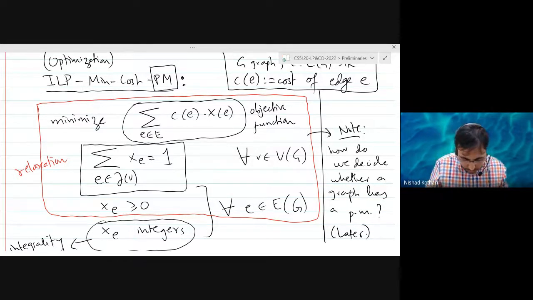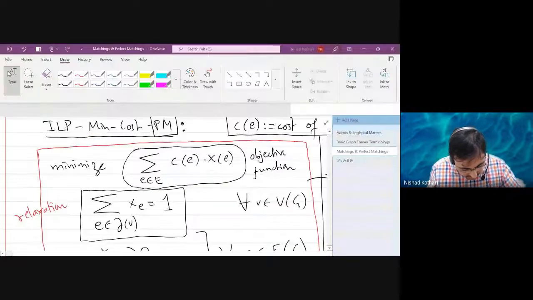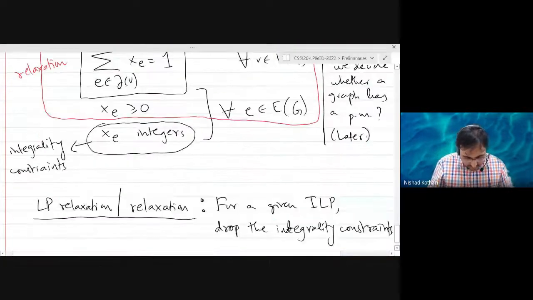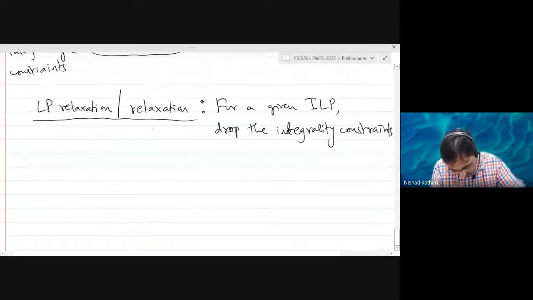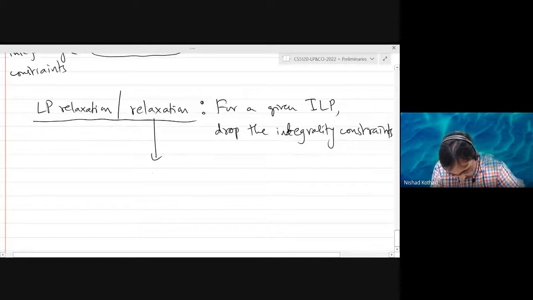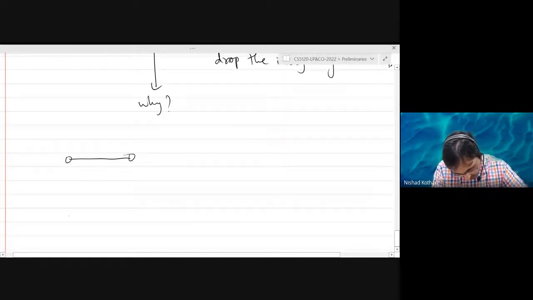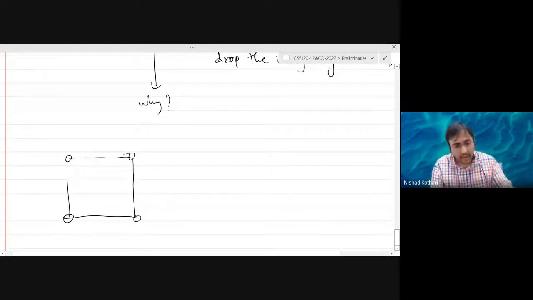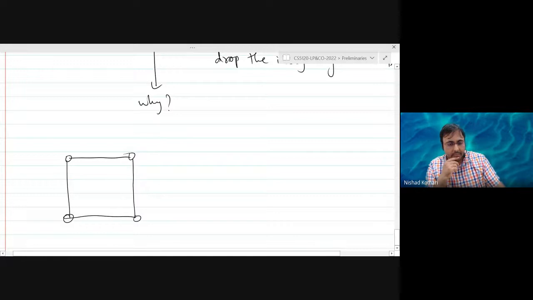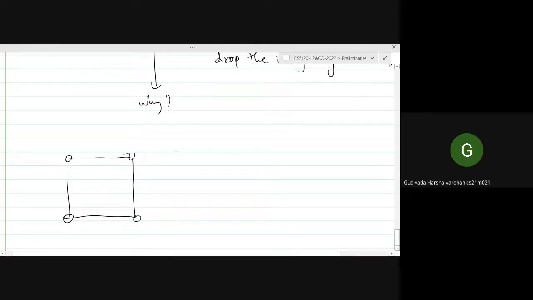So I want to point out at least one example. Let us consider the following graph. How many perfect matchings are there? Two.